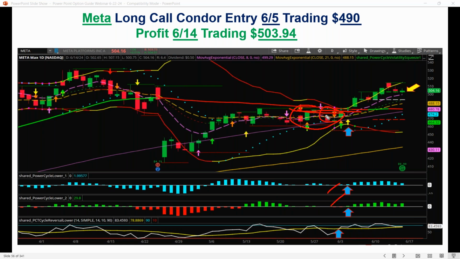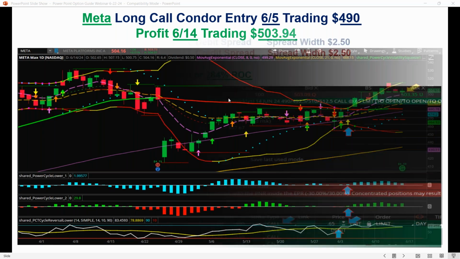We had positive momentum, so the condor is one I like to use for this kind of structure, this kind of pattern. So then it did break out and ended up with profit out here. It went out right between our two spreads, which was the ideal outcome. It was trading at 503.94 on the 14th.